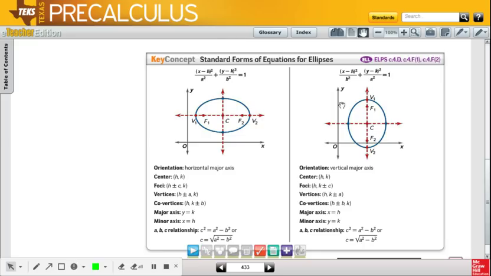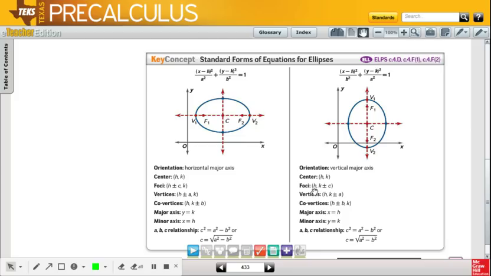Now, let me talk about the parts on the right. For the second equation of the ellipse, the orientation is a vertical major axis, meaning the major axis is a vertical line going up and down. The center is the same, h comma k. For foci, it's h comma k plus or minus c, so again you do two points.